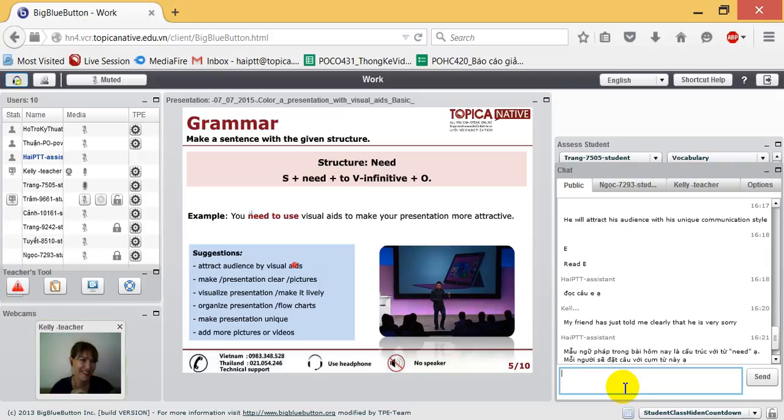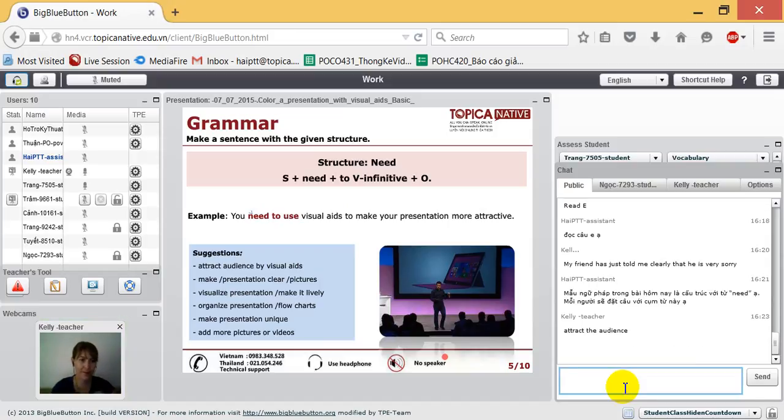Okay? Yeah, so I'm going to put attract the audience. Can you repeat that for me, please? Yeah. You need to attract your audience by visual aids. Okay, you need to attract.